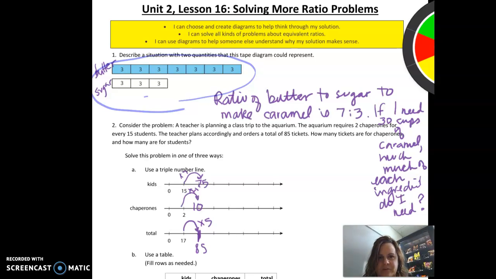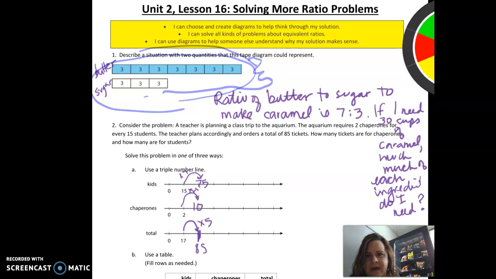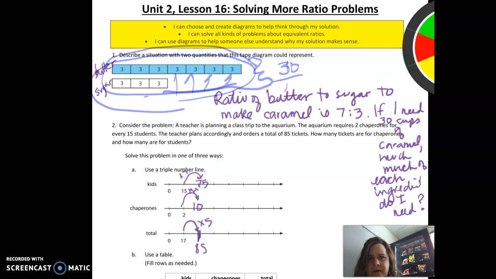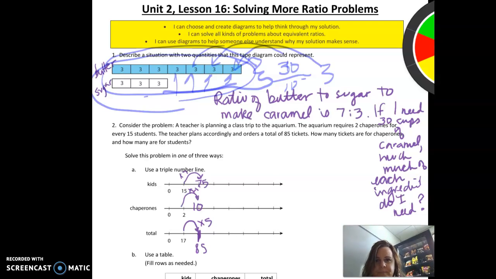So I'm saying that the ratio of butter to sugar to make caramel is 7:3. And if I need 30 cups of caramel, how much of each ingredient do I need? 30 cups is because if I added up all of these individual pieces, I would see that there are 10 of them, and 30 divided by 10 is 3. So each individual piece would have a value of 3.